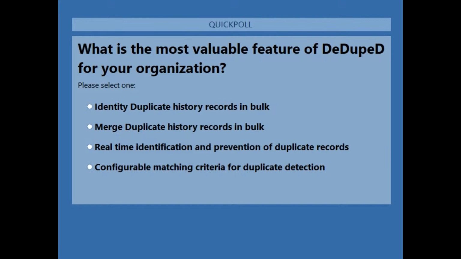Or you might have preferred the real-time identification and prevention of duplicate records, or the configurable matching criteria for duplicates. Anything you felt was favorable or preferable for your organization, kindly feel free to cast your vote.